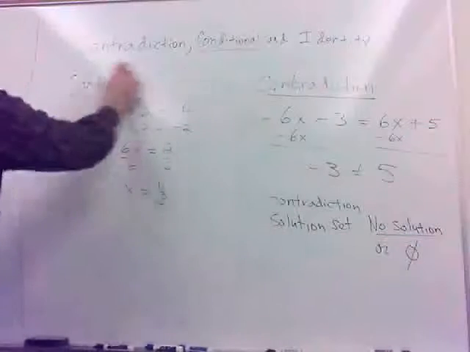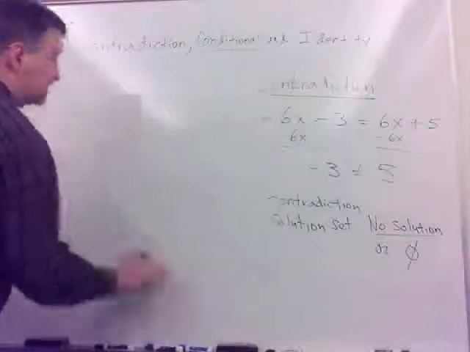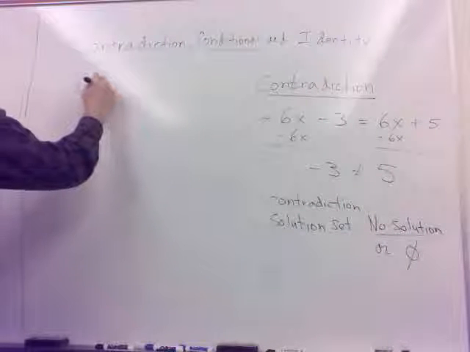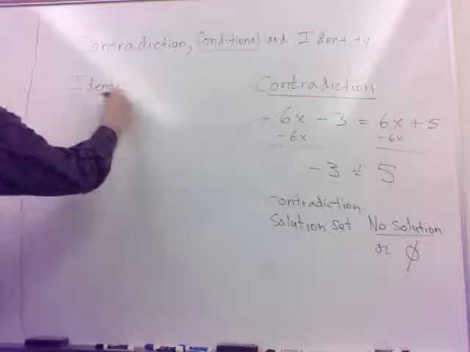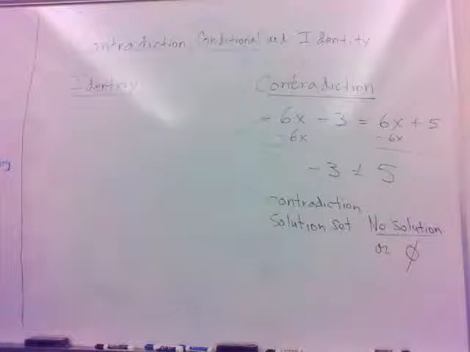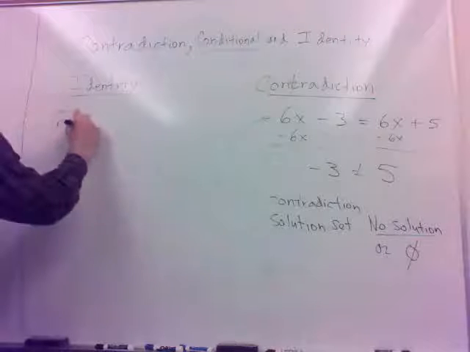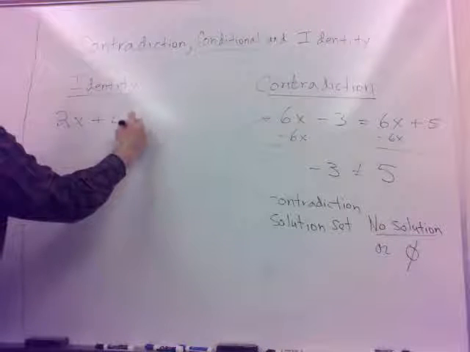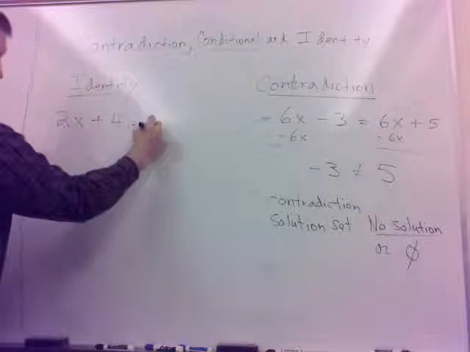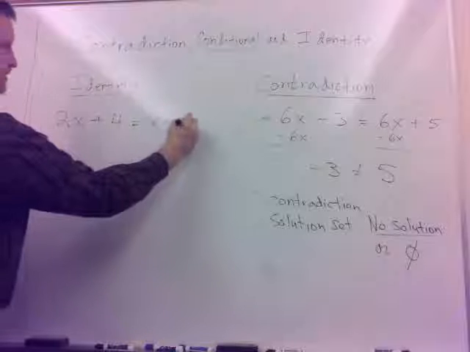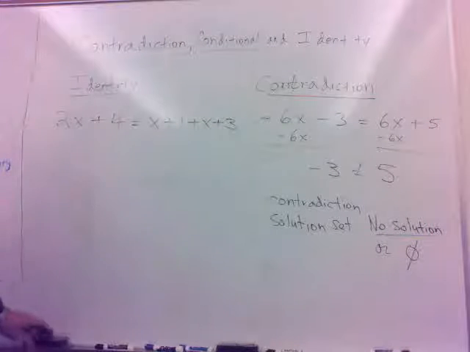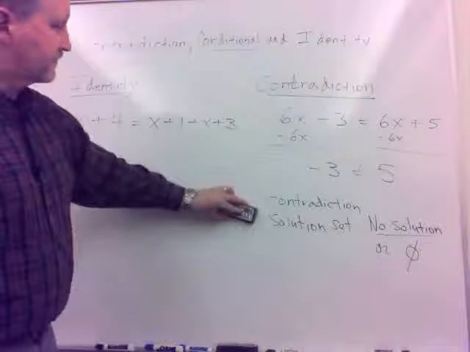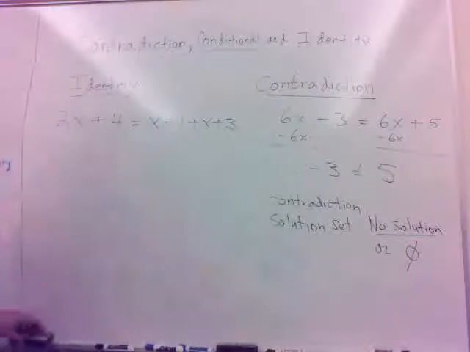The identity, well, a similar thing happens as with the contradiction, but slightly different. If we do 2x plus 4 equals x plus 1 plus x plus 3, and we think about solving that one, a little something else happens.